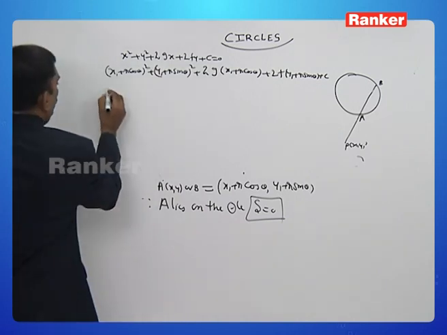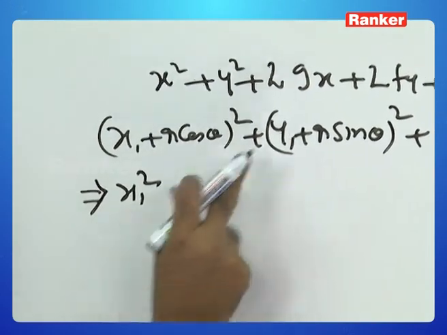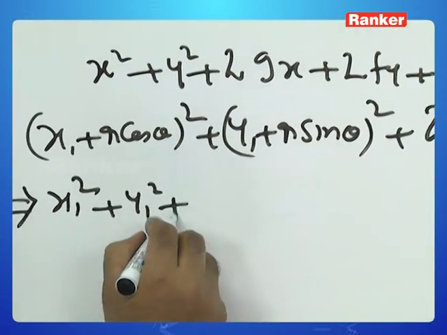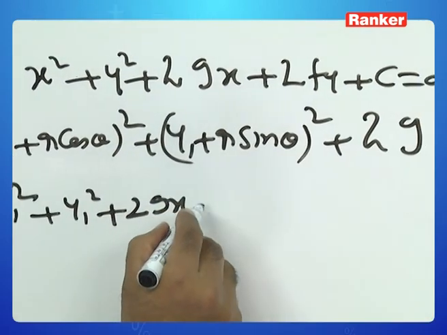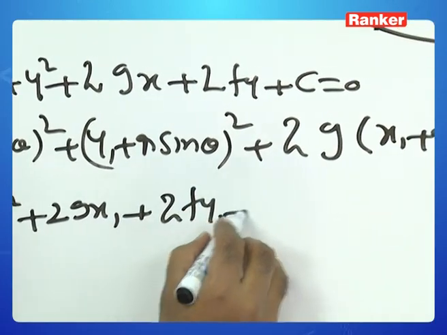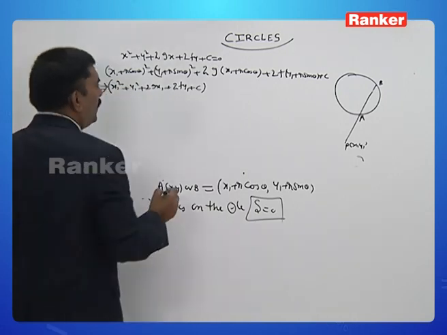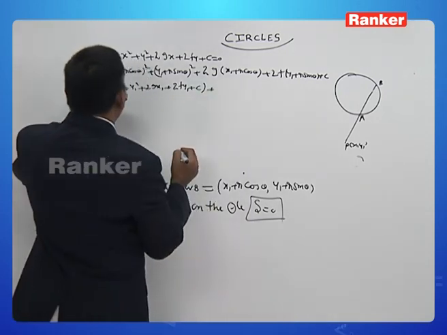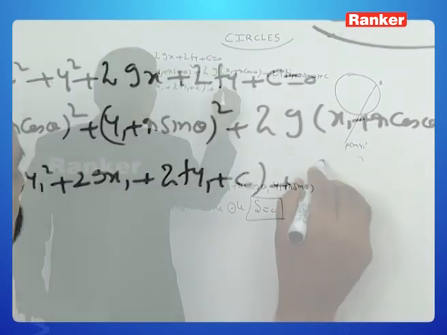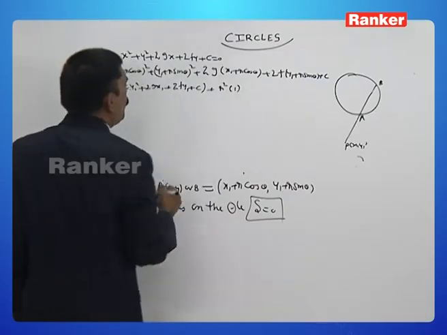If I expand, look here, this becomes x1 square, here y1 square, right? Here 2gx1, fine. Next, here 2fy1, right? Just for simplicity, I am grouping the terms. Next, x1 square gone, y1 square gone. Now here r square into cos square theta plus sin square theta is equal to how much? 1.